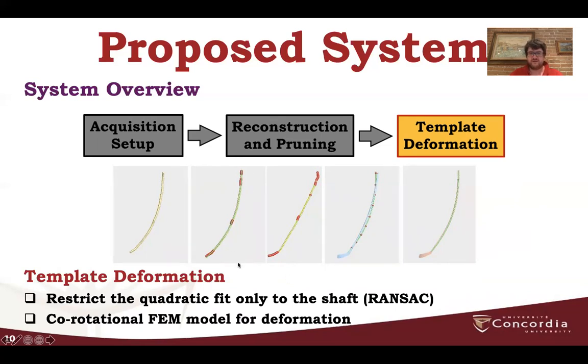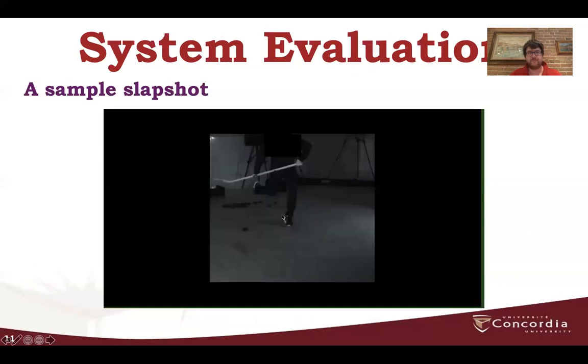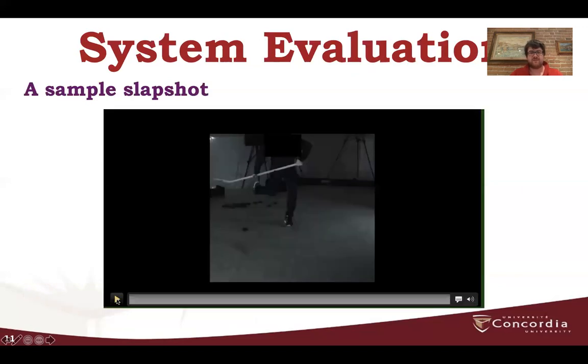You can see here two views. The second view is better to illustrate the noise in the medial axis. And given the remaining points, we fit a quadratic curve, shown here in green. And we use this quadratic curve to deform the template mesh, and we use a co-rotational FEM model for this deformation. So here are some of our results.